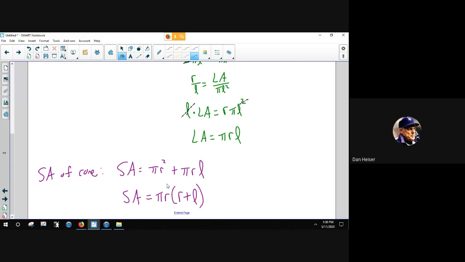We have the same thing with a cone. We can factor out a pi r from each term and have the cone surface area be pi r times r plus L. That is surface area of a cone. Now we're ready for some examples.